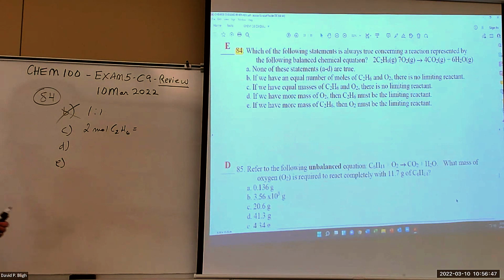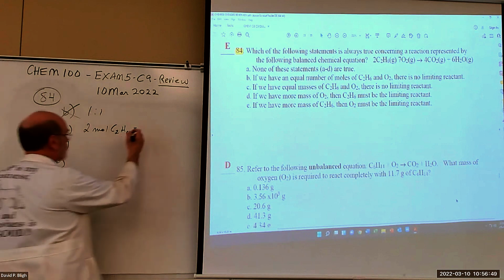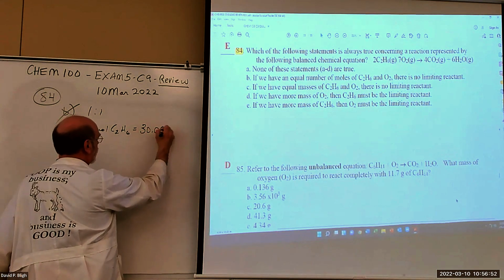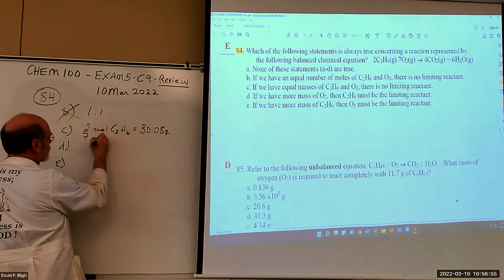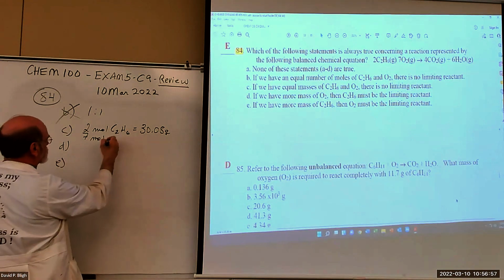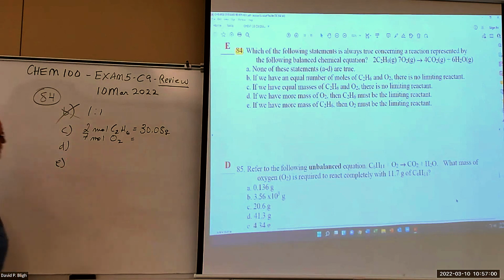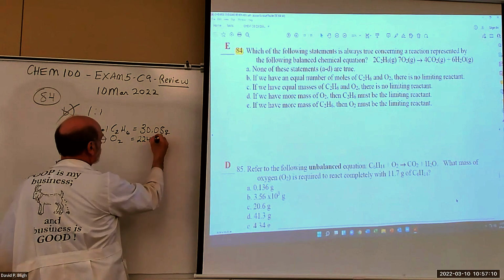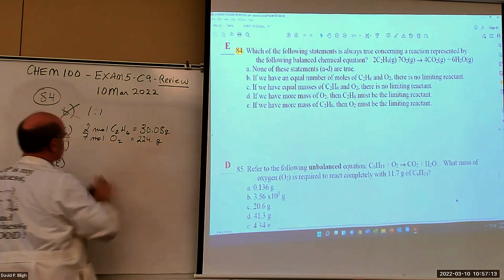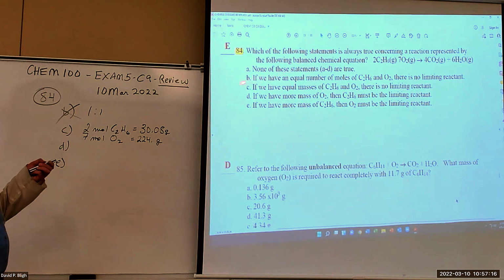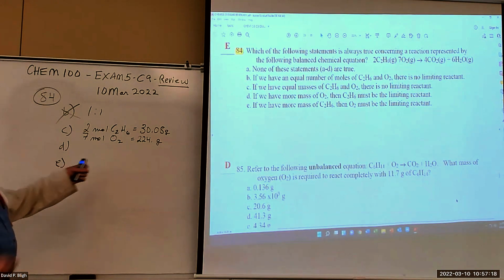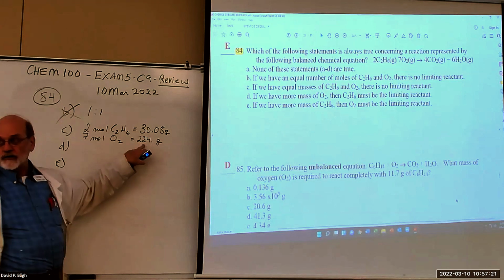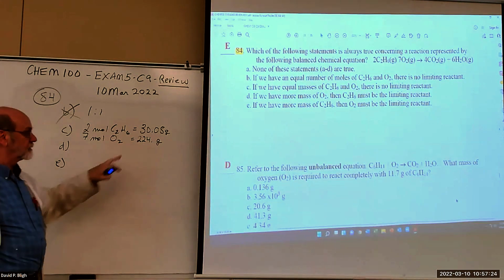So that'd be 30.08. Right. And 7 moles of oxygen would be what? 32 times 7. I get 224. 224 grams of oxygen. That one's not right either, is it? Equal masses. It would be a ratio of 30 to 224 to be stoichiometric. Okay, so this one's wrong.